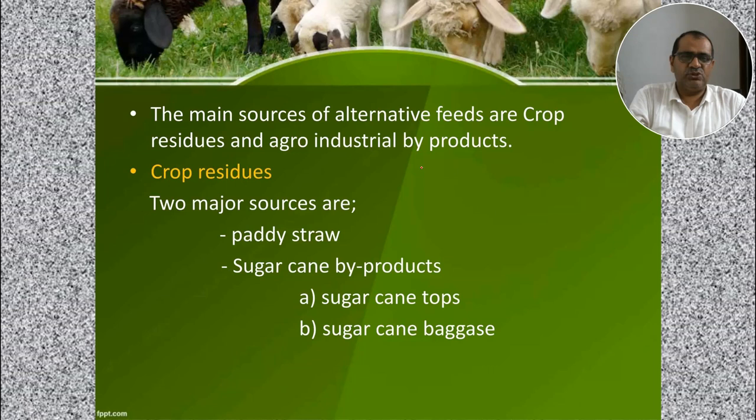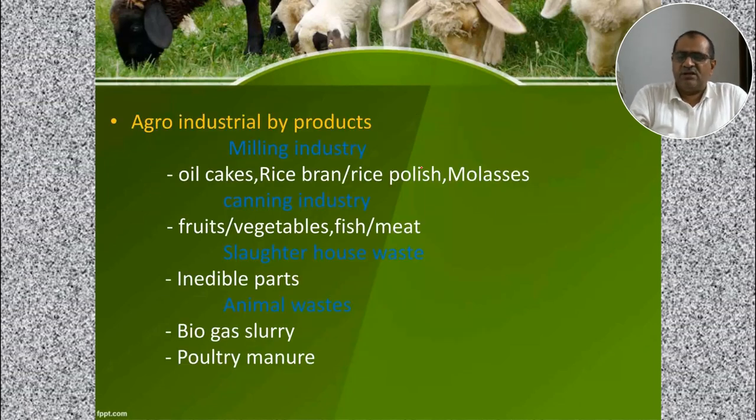The aim is to reduce the cost of feed to a greater extent. And here, among agro-industrial byproducts, the milling industry is number one.